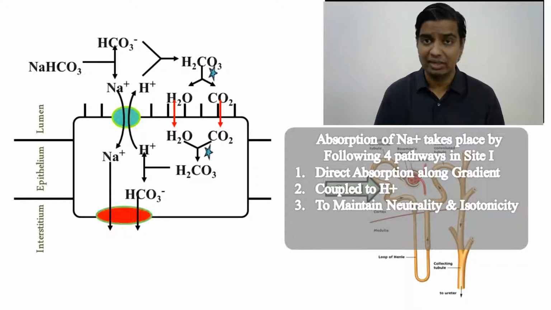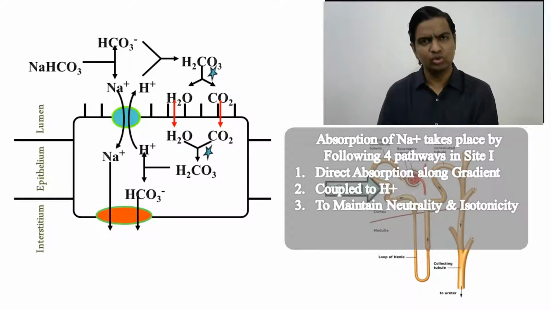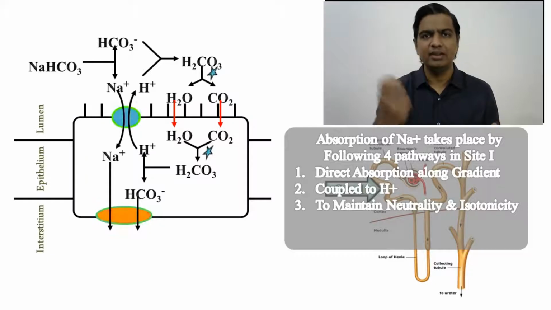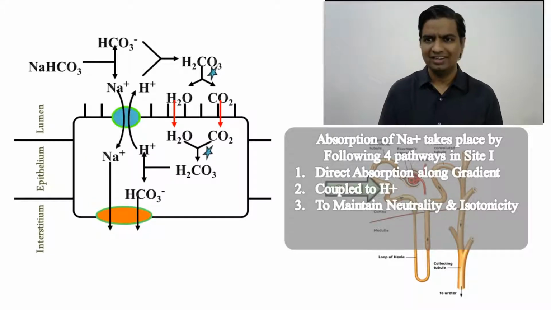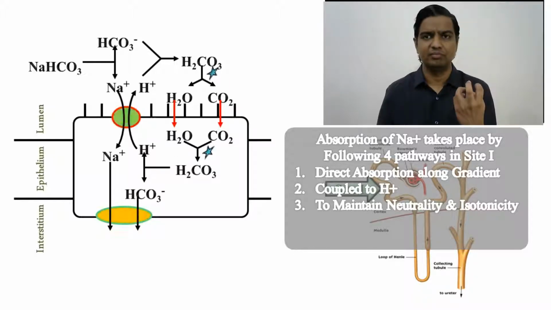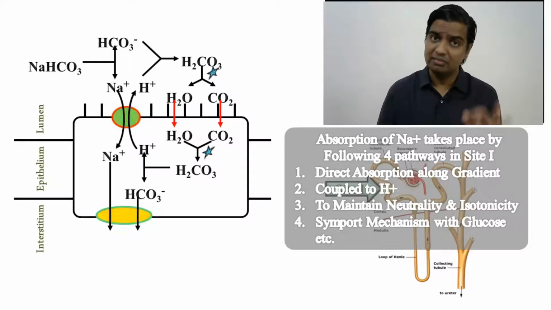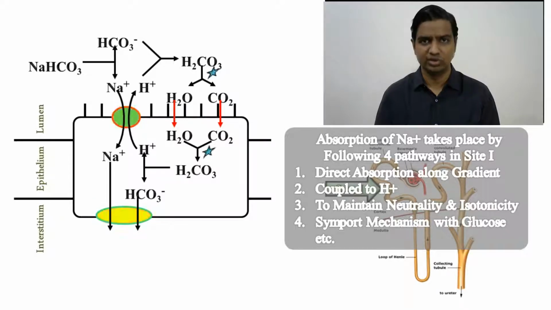By this, what I am trying to suggest is, if some negative ion like chloride was absorbed, Na+ can be reabsorbed to maintain electrical balance. Or let's say water was reabsorbed, then to maintain osmolarity, Na+ will be reabsorbed. So this is how things will work. And the fourth way is by a symport mechanism with glucose and amino acids and many other things.